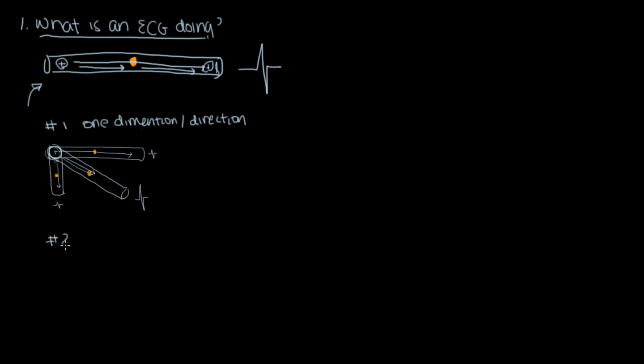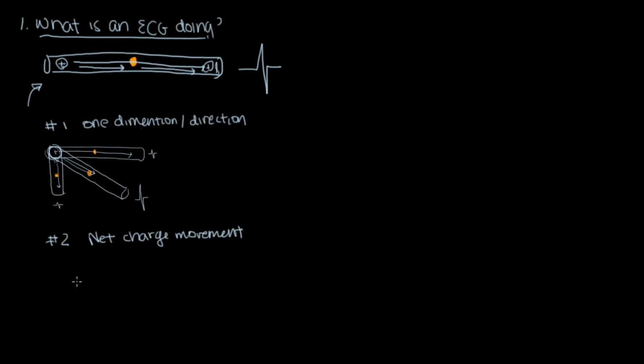So caveat number two is that any given tube or sensor is only able to represent the net movement of all charges moving in that specific tube. So it only shows net charge movement. What that means is if you have one charge moving through, there's no problem. You only need to characterize one charge, right?